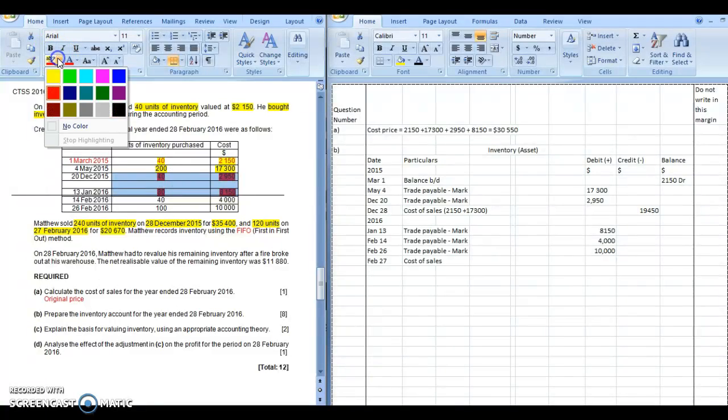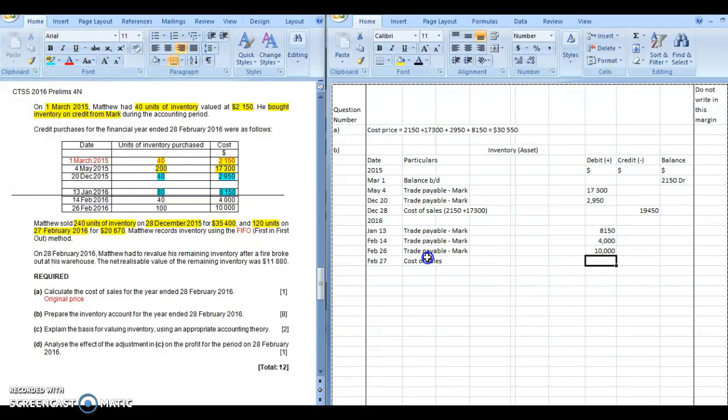So you actually have to add those two figures instead. Okay, and you credit the amount 11,100. And you would have a balance of these two left, which is 14,000.